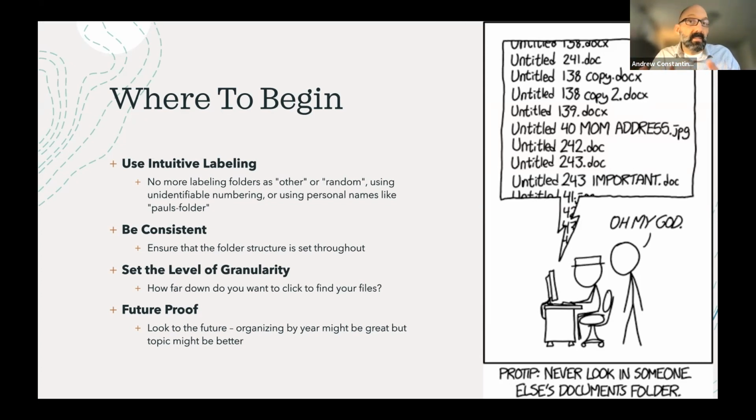And there isn't any time taken really to name them appropriately. So avoid using those unidentifiable numbers, or even using personal names like Paul's folder, which we've seen all too often as we've helped parishes out with their website maintenance.